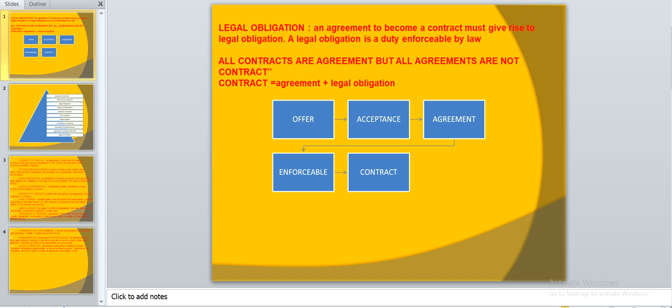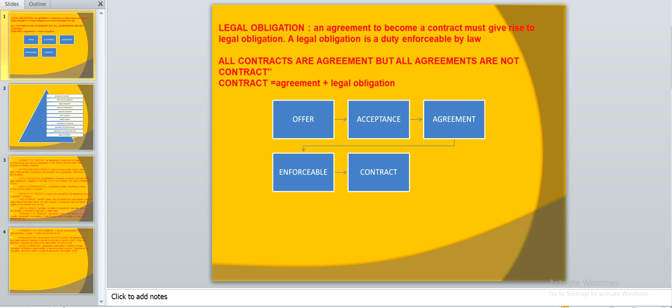After giving the offer, if the person accepts that offer, it forms an acceptance. Offer plus acceptance leads to an agreement. Agreements which are enforceable in a court of law are going to form a contract.